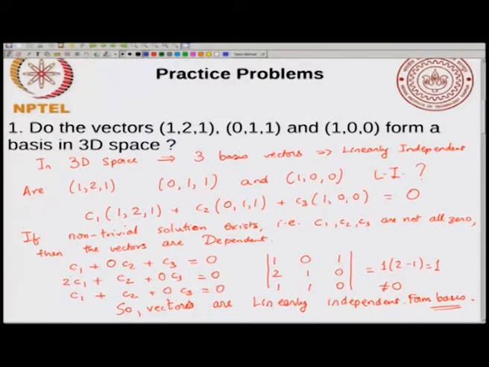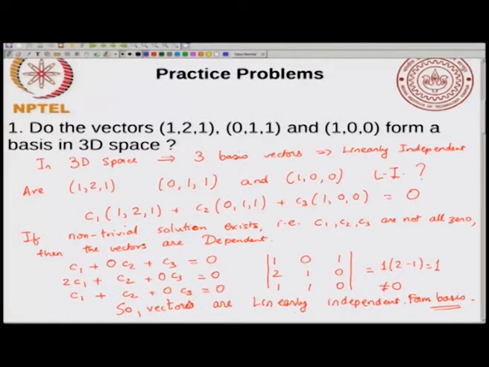So, clearly, what you are checking is whether this vector can be written as a combination of these 2, and just by inspection you can see that that is not possible. So, this is the problem that has dealt with linear independence.